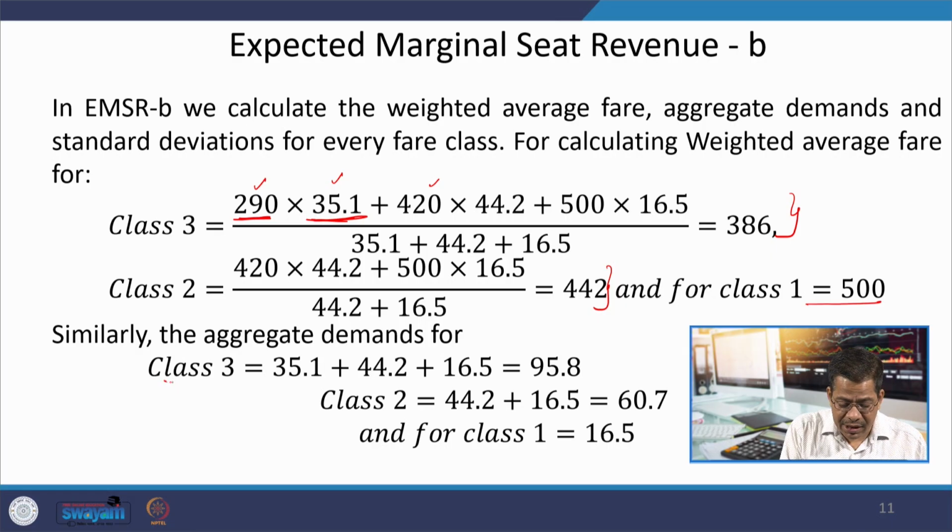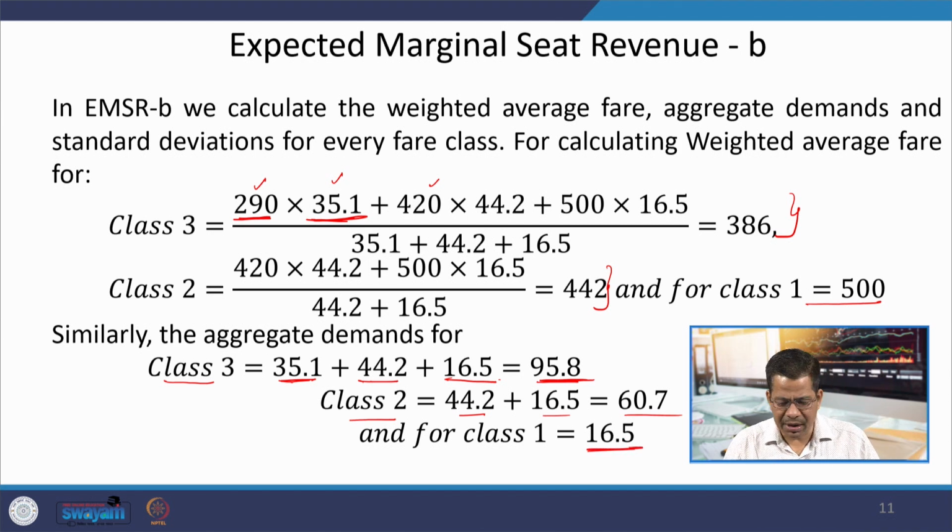Similarly, the aggregate demand is the demand for all the upper classes. For class 3, these are the 3 classes and that is the total aggregate demand; for class 2 it is class 2 plus class 1, and for class 1 it is only that class. So, that is the way of calculating the aggregate demand and aggregate price, or rather it is better to say weighted price, for the upper classes.